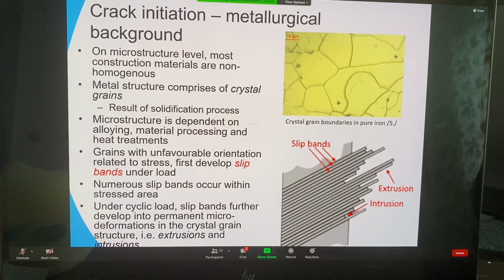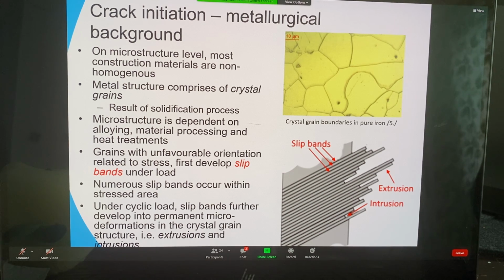This crystal grain structure is the result of the solidification process, and it depends on the alloying, what kind of alloys are in the molten metal, and how it is processed. For example, milling of steel rods and sheets affects the crystal grain structure, and it can be benefited from in the manufacturing process. And also, of course, heat treatments.